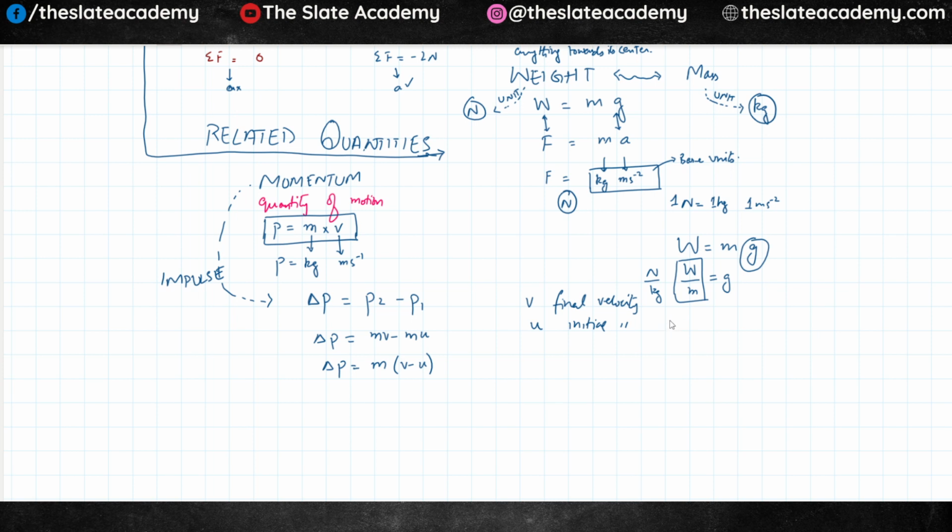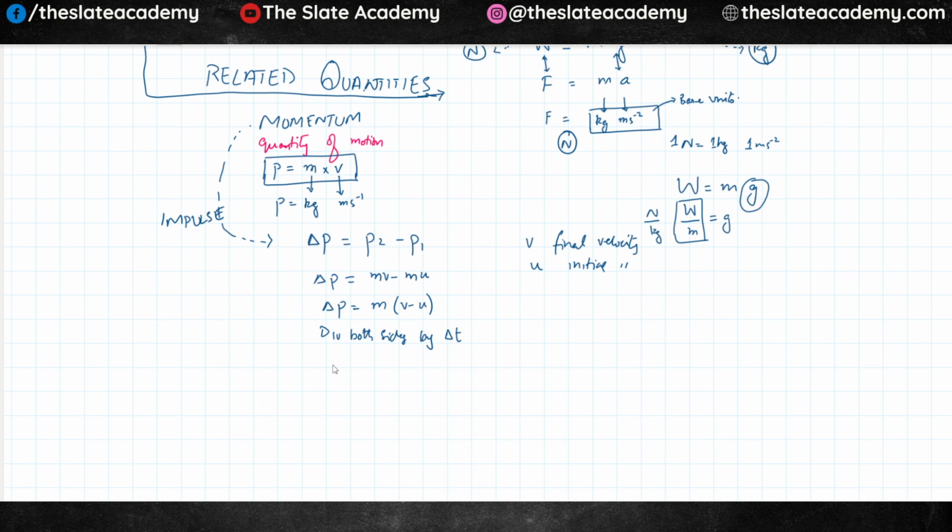Okay. So we were talking about impulse. I said delta p is equal to mv minus mu. If I divide both sides by t, this change in momentum obviously would happen over a period of time. So if I want to see how rapidly it is happening, what is the change happening per unit time, it becomes delta p by delta t is equal to m times v minus u by delta t.